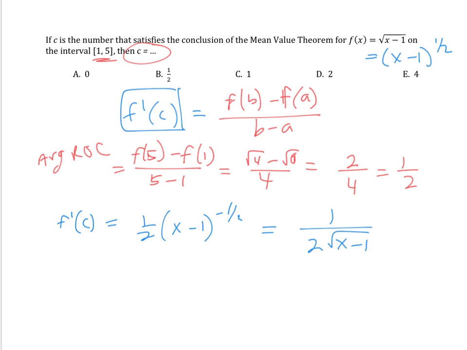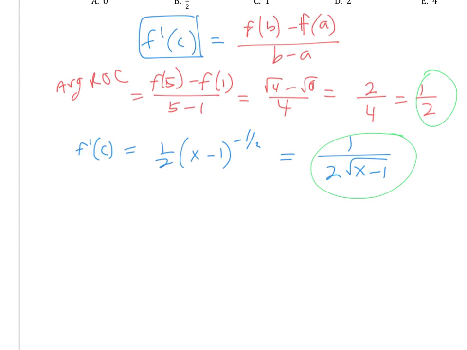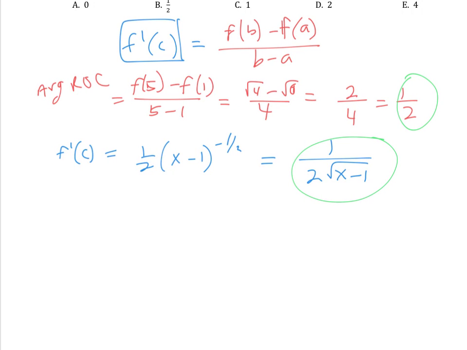So my last step is going to be, let's set those 2 things equal. That's going to lead me to, well, I still have to solve it, but 1/2 is equal to 1 over 2 radical x minus 1. I'm actually going to reverse it so it looks a little more like what I have up here.